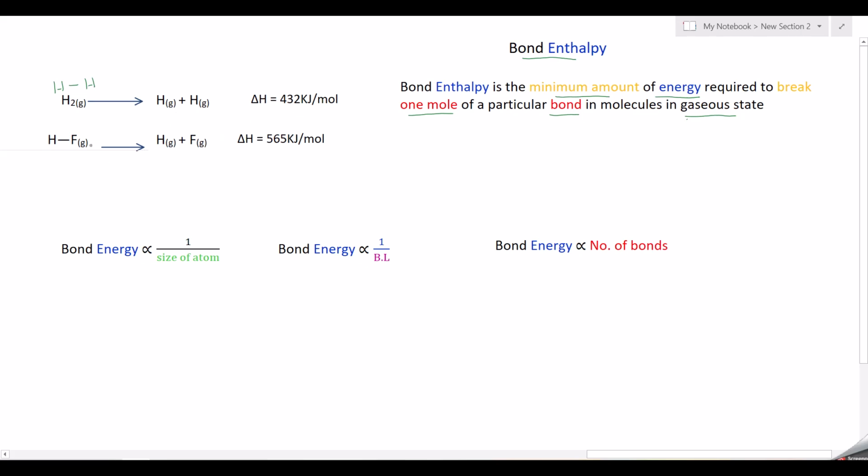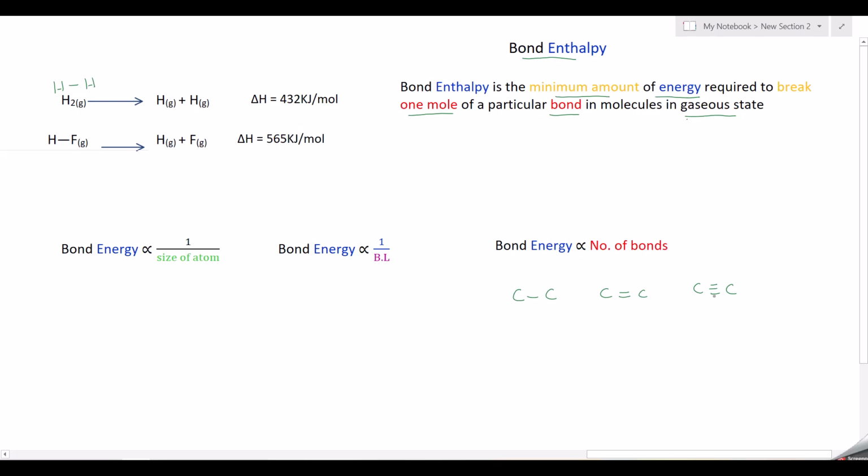Similarly, when you take hydrogen fluoride, we have a single bond. To break this single bond, we require 565 kilojoule per mole energy. So this is about bond enthalpy, and bond enthalpy or bond energy is directly proportional to the number of bonds. So you take for example carbon single bond carbon, carbon double bond carbon, carbon triple bond carbon. Here in carbon triple bond carbon you have 3 bonds.